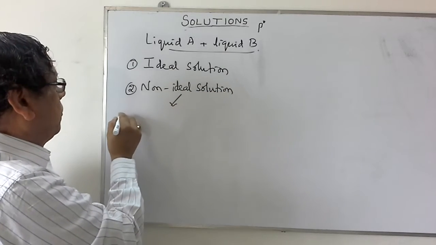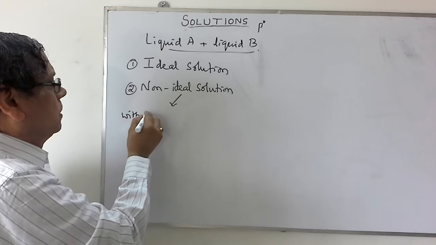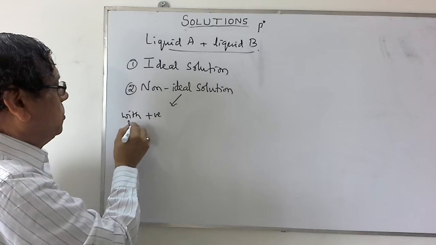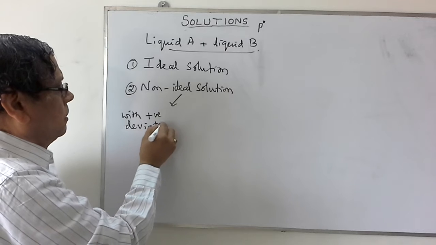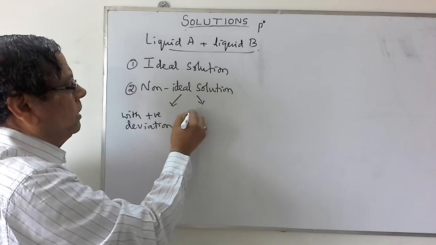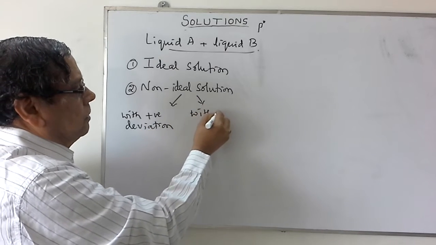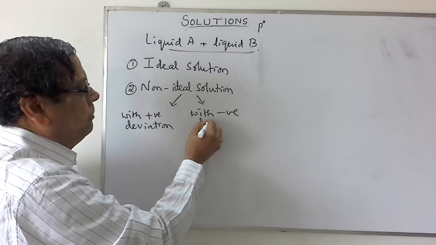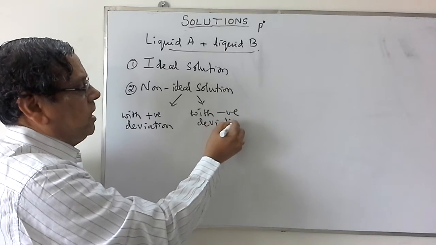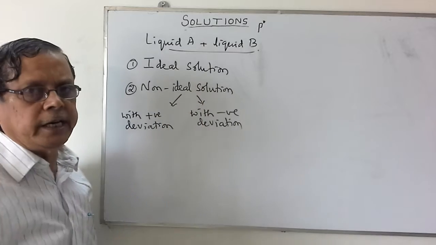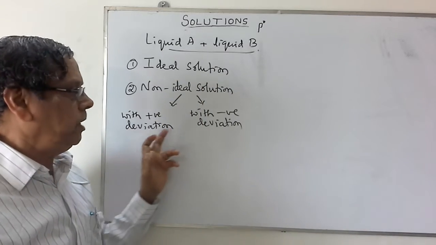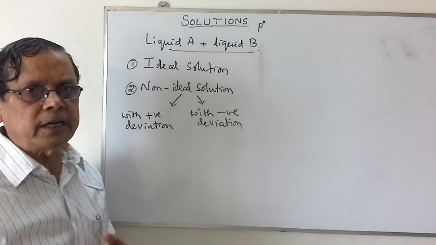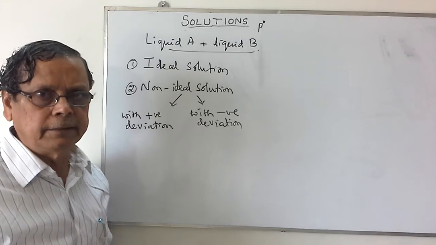One is with positive deviation, and the second one with negative deviation. So to understand this ideal solution and non-ideal solution with positive and negative deviations, we should first understand a certain other thing.